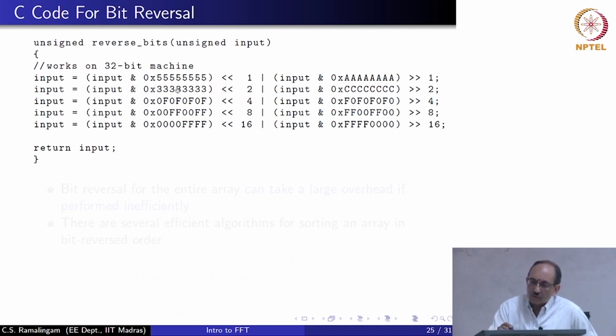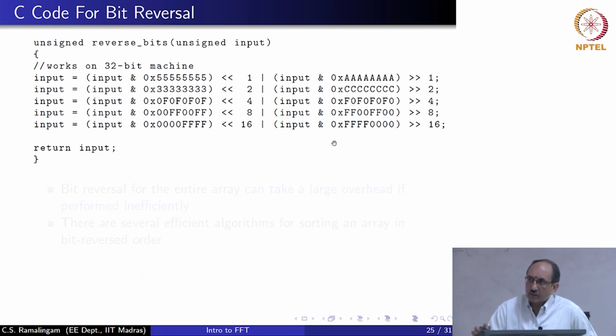So these are all the sequences needed. So you take the input, do bitwise AND with this bit mask, do left shift by 1, do bitwise mask with this sequence, left shift by 2, 4, 8 and 16. Similarly, you do right shift by 1, 2, 4, 8 and 16. So this piece of code does bit reversal.